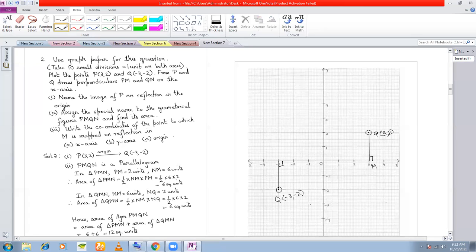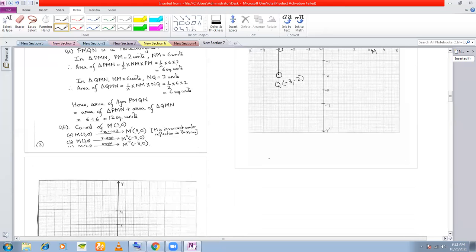Fine. Next, the first question is: name the image of P on reflection in the origin. So what is the image of P on reflection in the origin? Number 1, P(3, 2) when reflected in the origin becomes, what are the coordinates? (-3, -2).